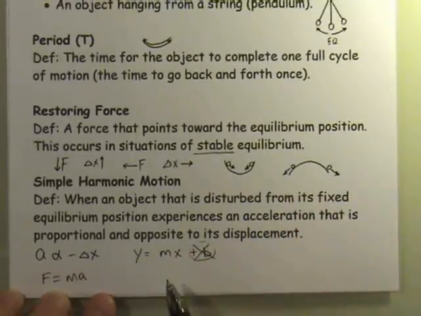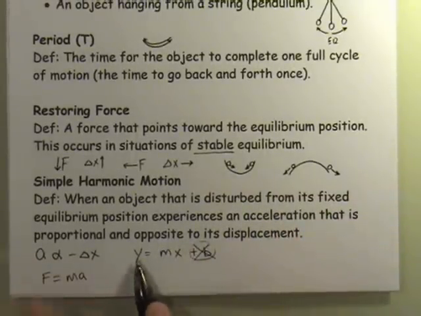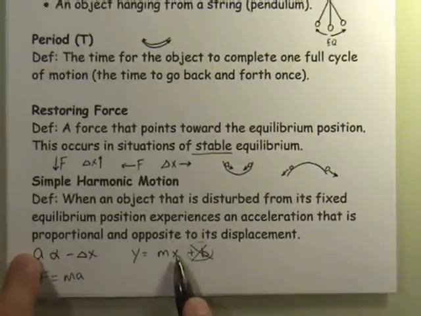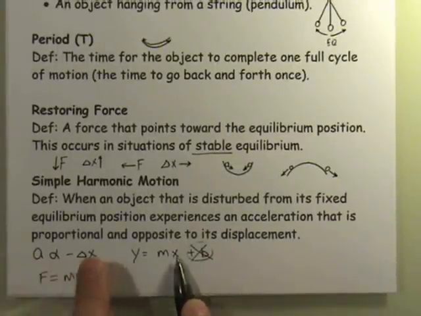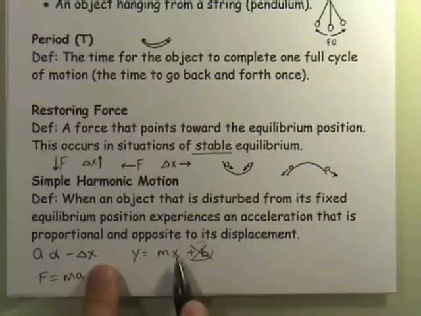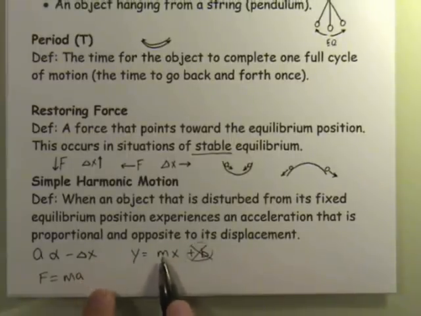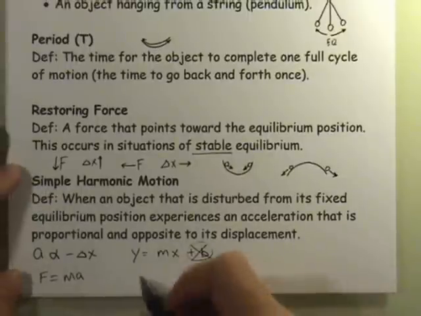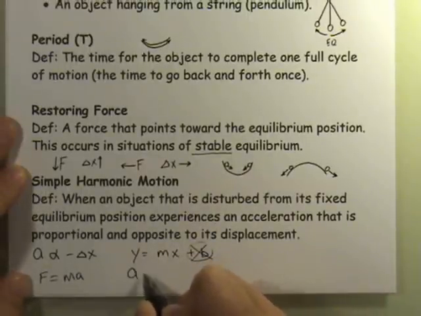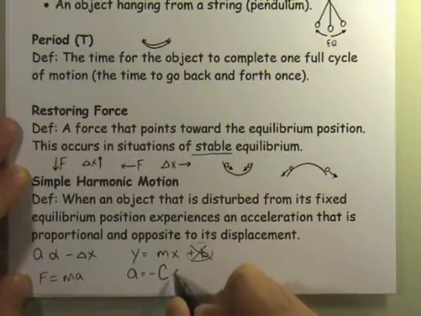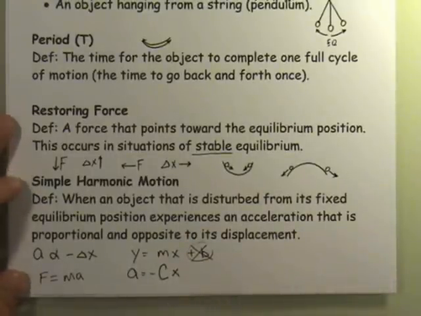It's simply going to be y equals mx, where y is the acceleration and x is the same as the x over here. It's the displacement, and in this case it's the independent variable. So what we're missing is the m. And in this case, in order to turn this into an equation, what we need is some constant times x.